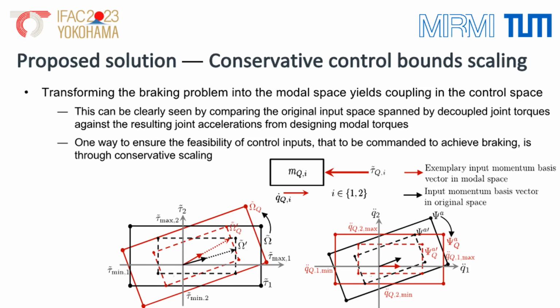In this case, a conservative transformed space is obtained and it can be employed for the design of the braking maneuvers. This approach is named conservative scaling, and its details are summarized in Algorithm 1 in the paper. Alternatively, one can search for more permissible modal limits by means of optimization, in other words, by optimal scaling.